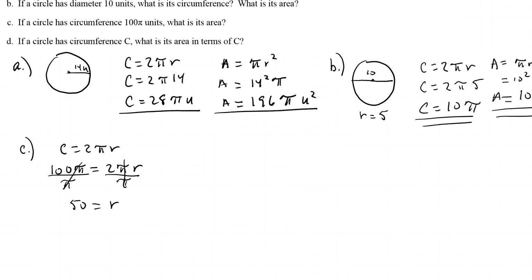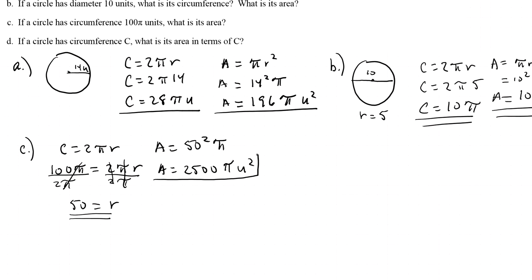Now you can divide by 2 pi on both sides as well. That works too. So the radius is 50 units, but we're not done because they want the area, so then that's 50 squared pi, which the area equals 2500 pi units squared, and that was the answer that they wanted.